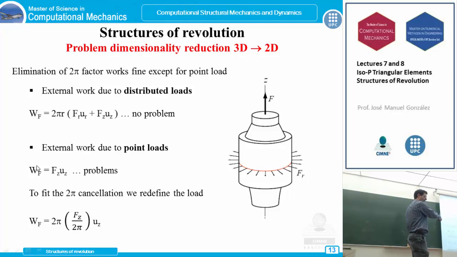If you are happy. But if you don't want, you are multiplying by 2π everywhere, so you are assuming a computational cost which maybe is avoidable. It's only a question of implementation.